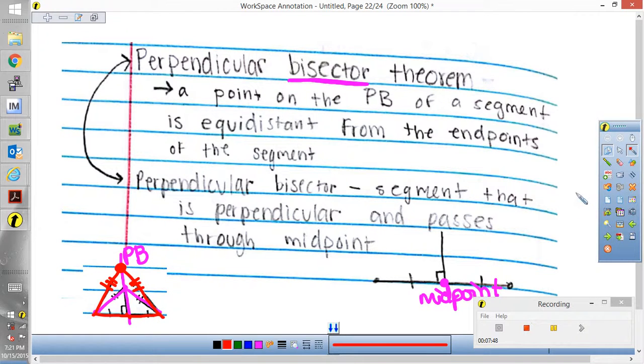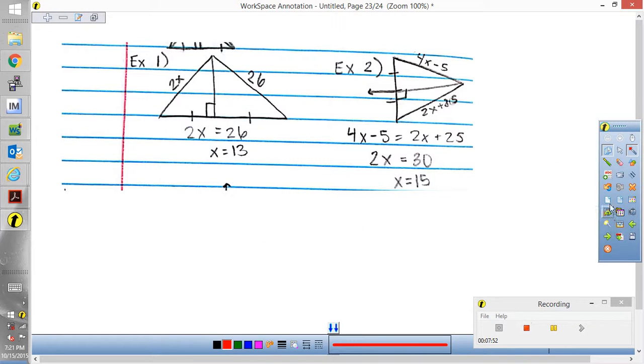Let's try a couple examples because this is kind of hard to understand in words. Here are our first 2 examples. Please first listen. Let's say we have this picture, and it's labeled 2x and 26.